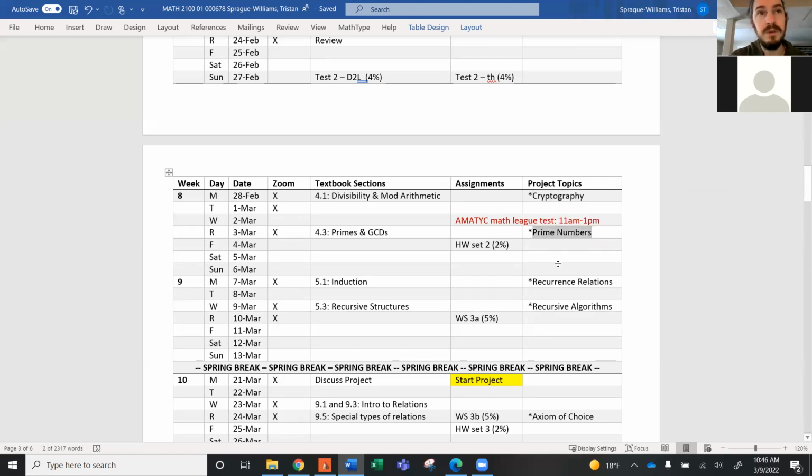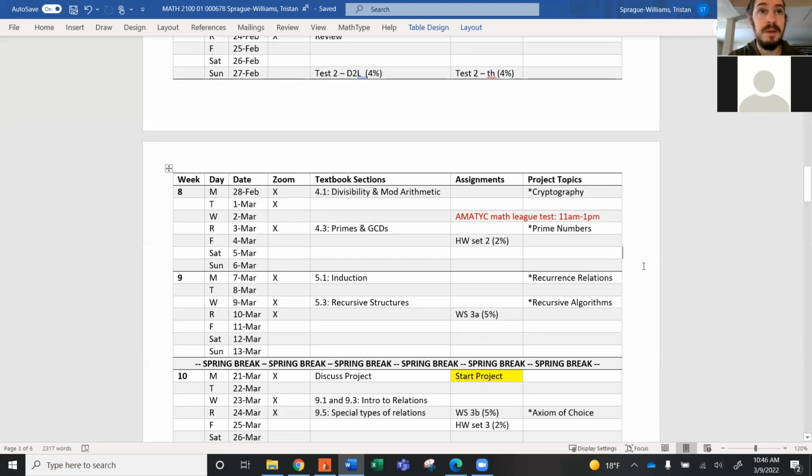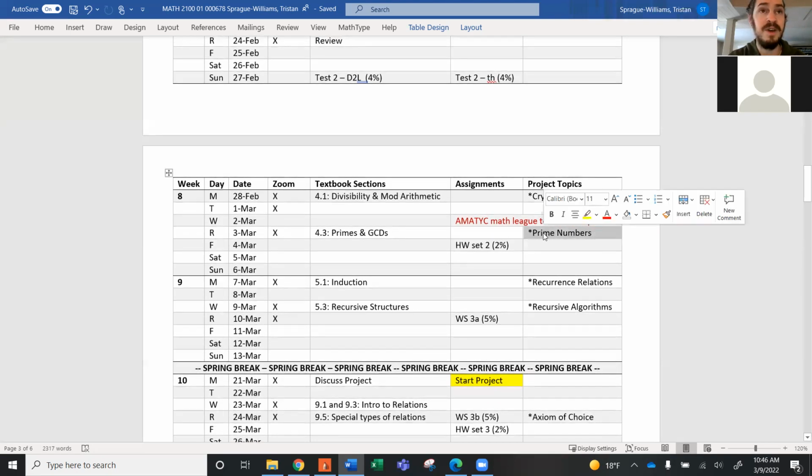Prime numbers in general are interesting. You could do an entire project on the subject of prime numbers and the different results that mathematicians have discovered over the years about prime numbers, as well as lots of open questions about prime numbers. There's a ton of open problems, like there's something called the twin primes conjecture, which has not been solved.